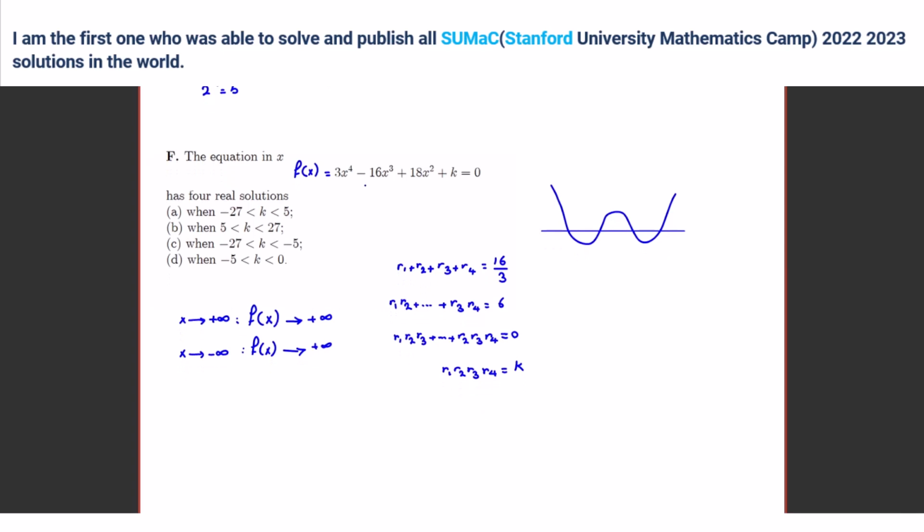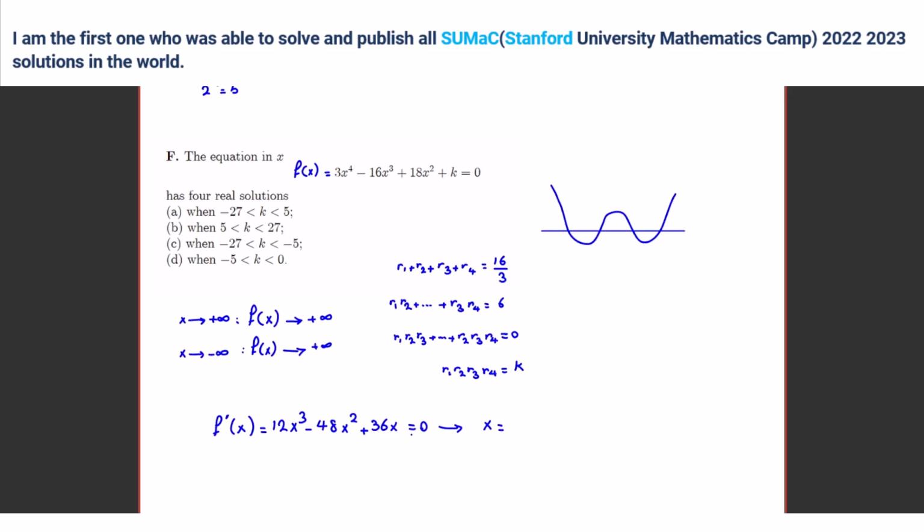One thing we can do, because k is only a constant, is work on the derivative. F prime of x is 12x cubed minus 48x squared plus 36x. What are the roots of f prime of x?